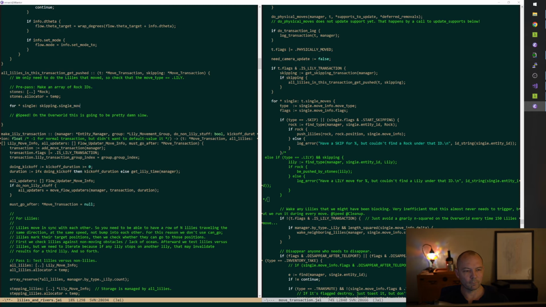So array reserve stones skipping single moves count. Something like that. Now we do this. We're going to make this array of stuff. Boom. We've got the stones in an array, so we don't have to look them up again.